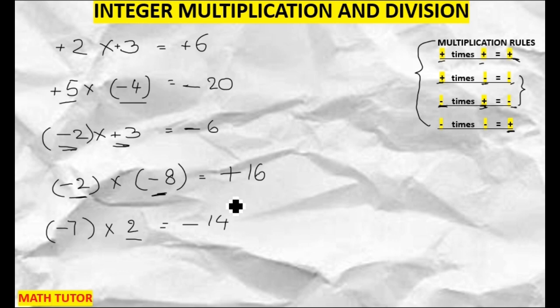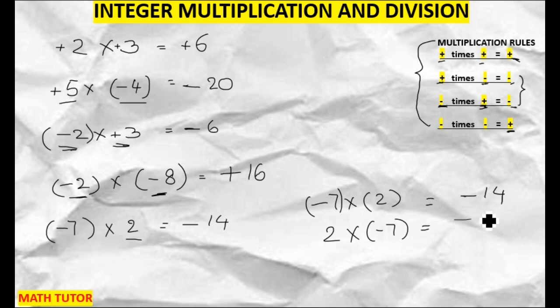It means if you multiply a negative integer with a positive integer, or a positive integer with a negative integer, the result will always have a negative sign. Understood? And if you multiply two negative integers, the result will be a positive integer. Minus into minus becomes plus, and 3 times 4 equals 12.